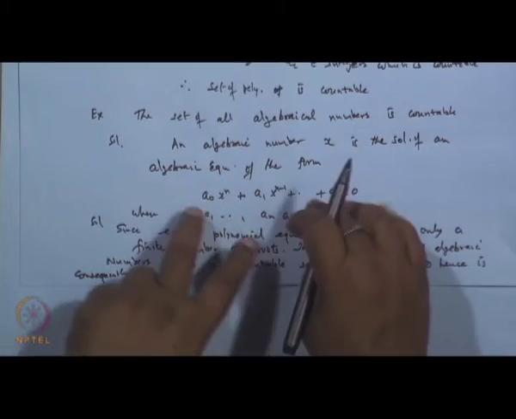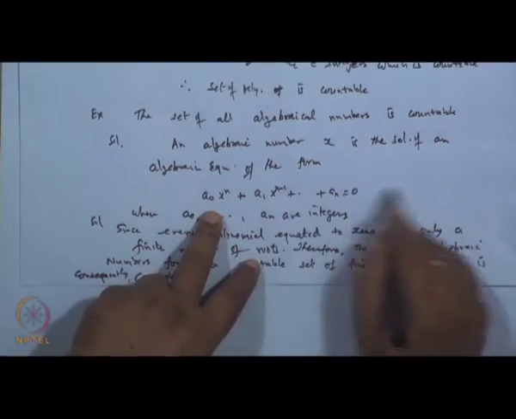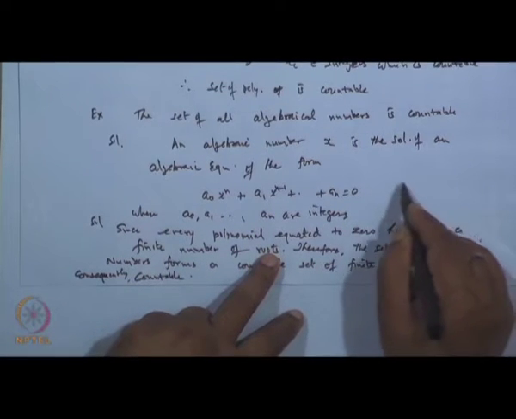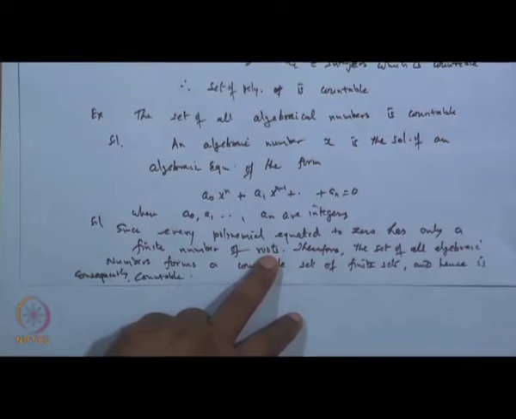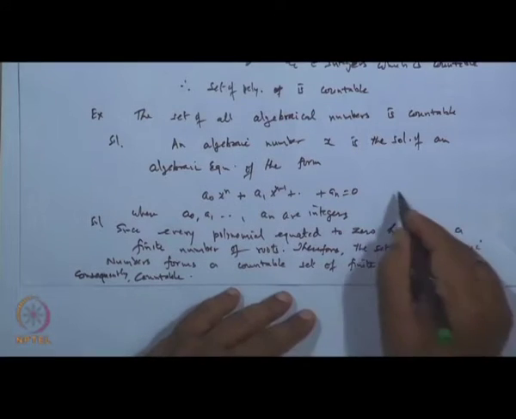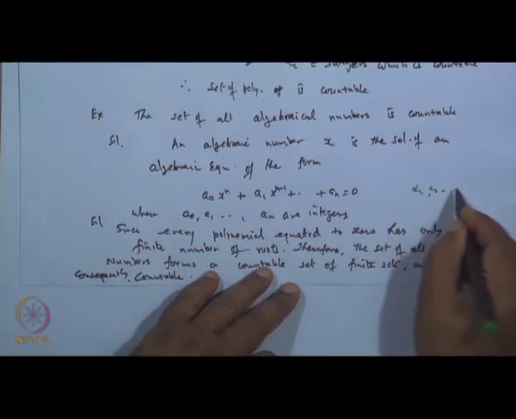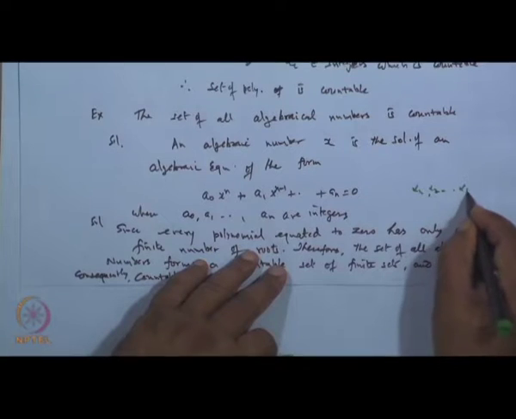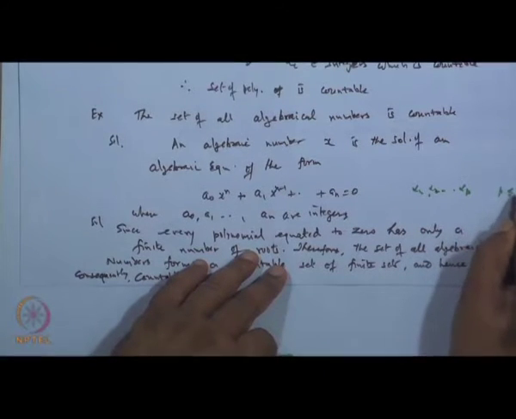So, basically each equation corresponds to its roots. We can say this equation has the roots, say alpha 1, alpha 2, up to alpha p, where p may be less than or equal to n.